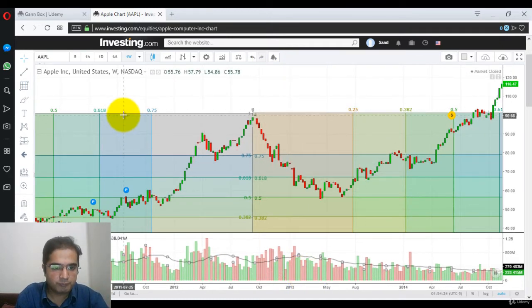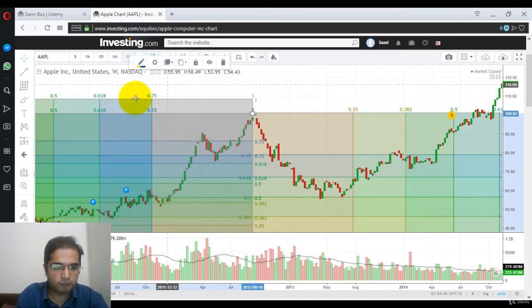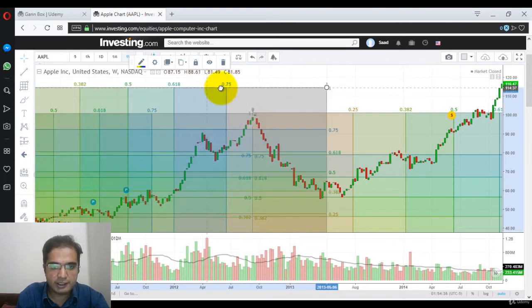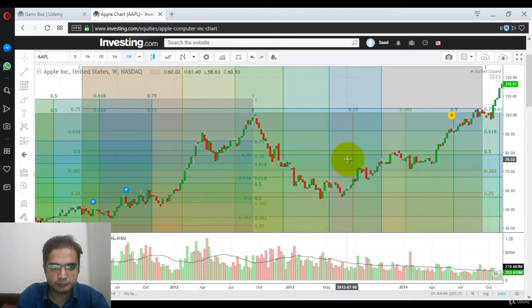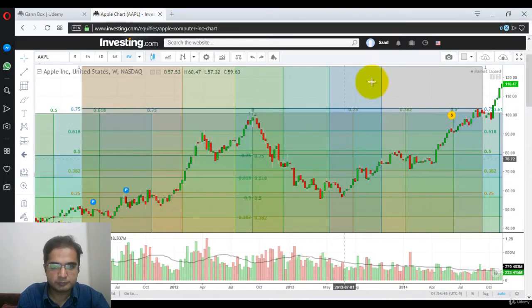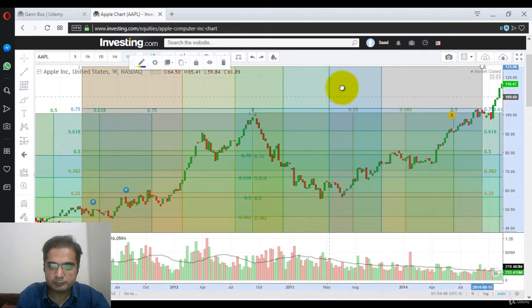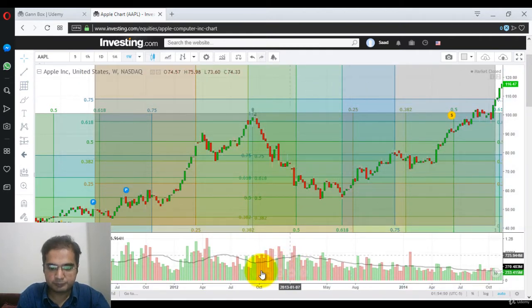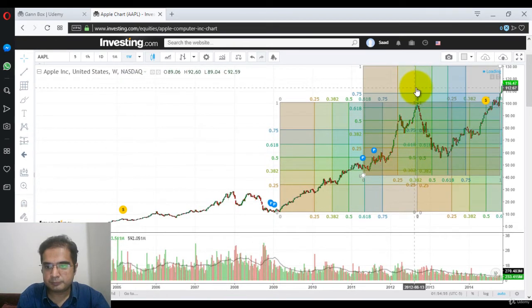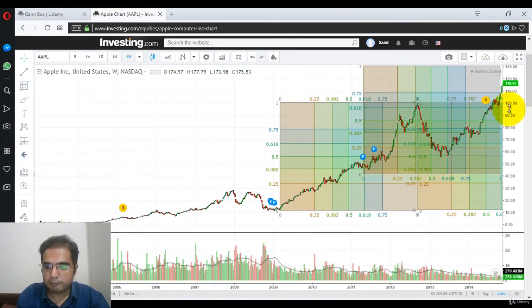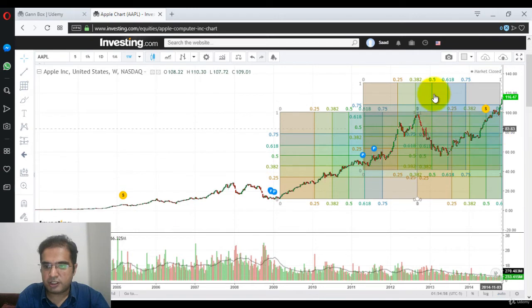Now let us paste a Gann box on the top of previous Gann box. Let me zoom out. Let me change it.